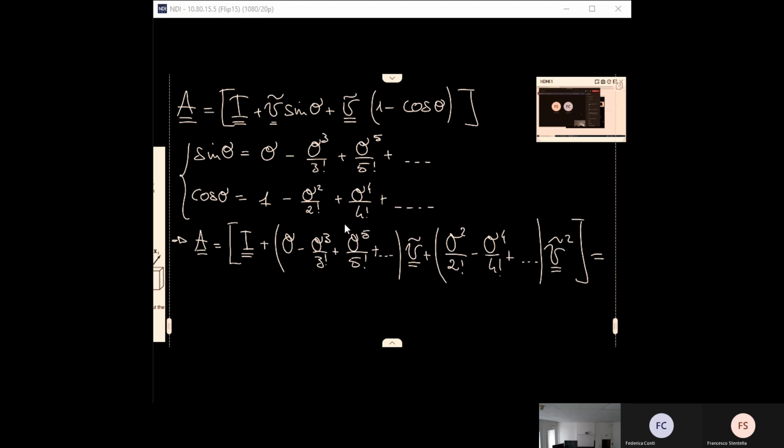Now, by definition, we have that e with the matrix B as an exponent is equal to identity matrix plus B plus B squared over 2 plus B to the third over 3 factorial.